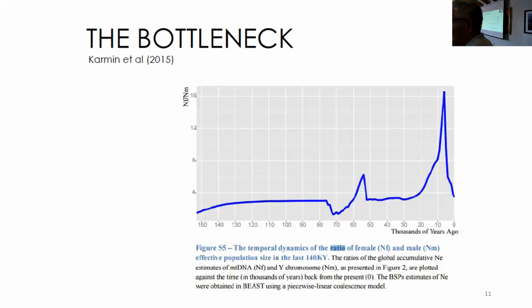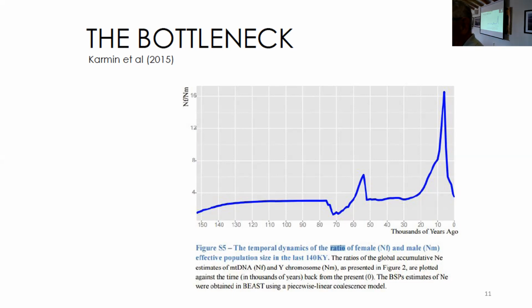So the bottom line from this is that if I take the ratio of the number of females to males at that point in time, which is estimated to be between 6,000 and 4,500 years before now, we have this massive female bias, a factor of almost 17. 17 times as many females as males, based on the Y chromosome and the mitochondrial DNA.